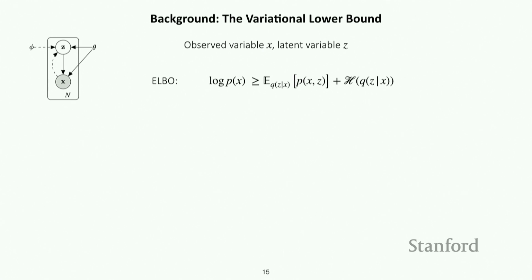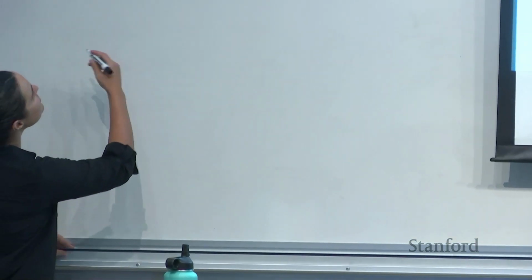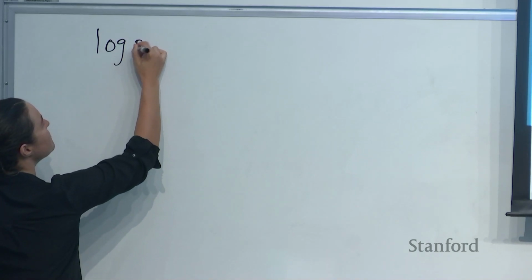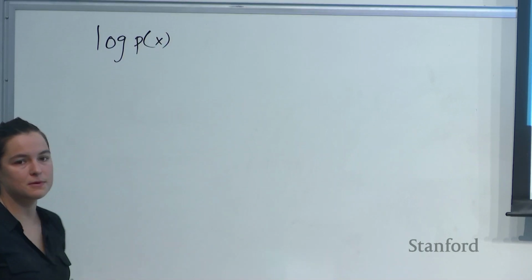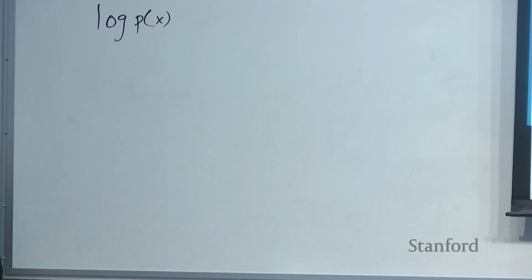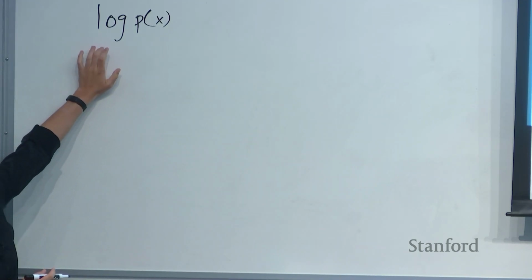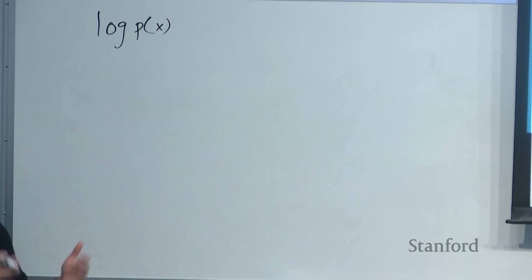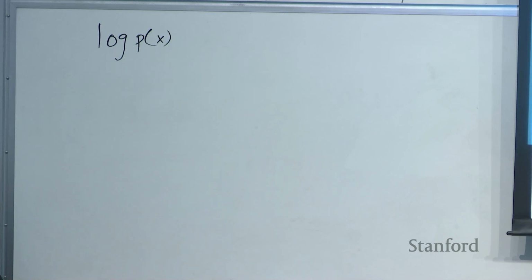So we're starting with the log likelihood of our data. We want to be able to approximate this, where X is our observed variable. The reason we want to do this is that typically we want to maximize the likelihood of our data with respect to some parameters of our model, such that we can maximize the likelihood of things that we're observing.